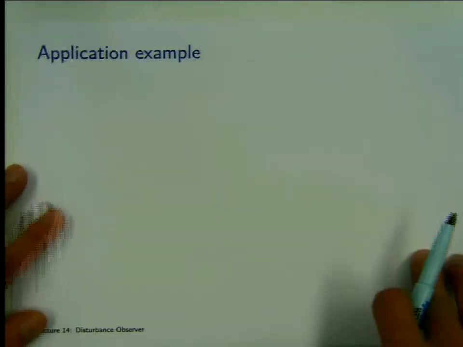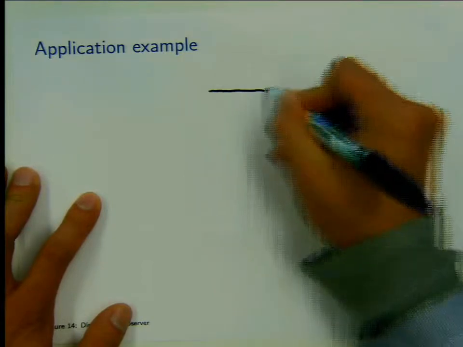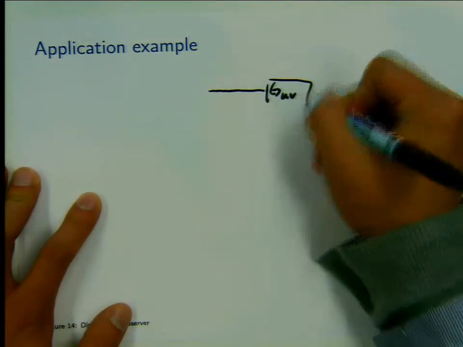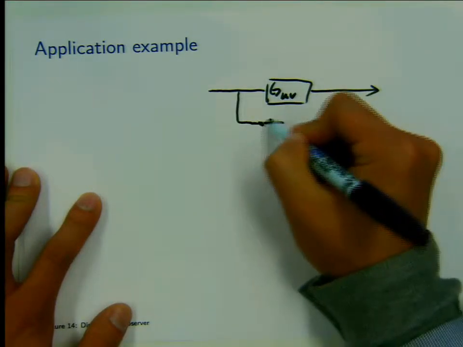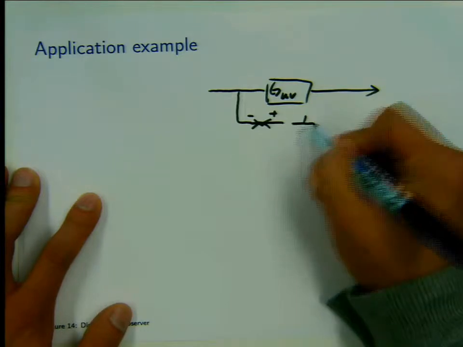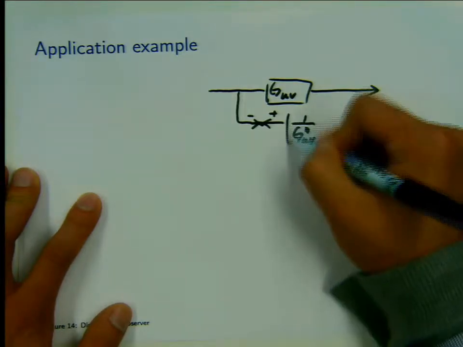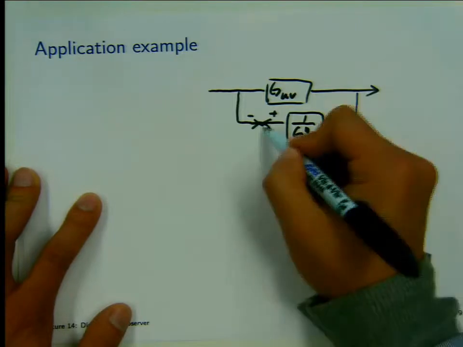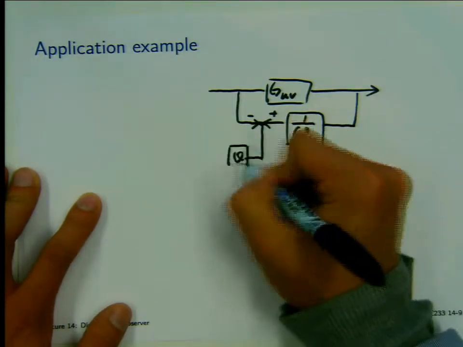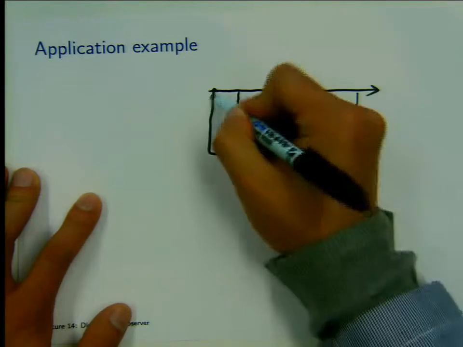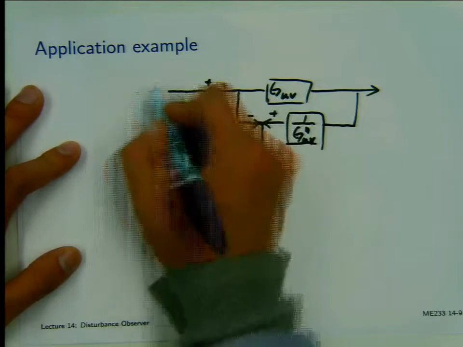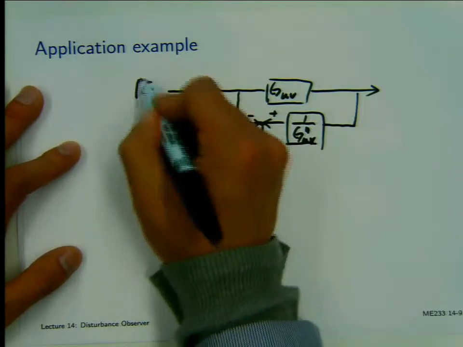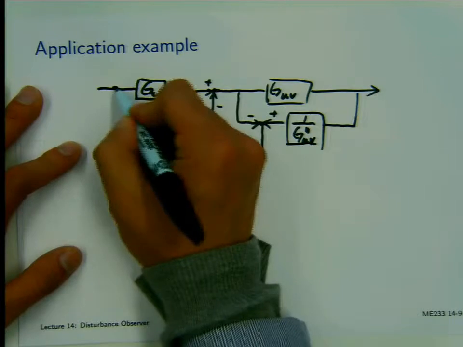Now, from the application point of view, disturbance observers are usually designed this way. We have a plant, and then we can design disturbance observers. Usually, disturbance observers are combined with some other feedback design.